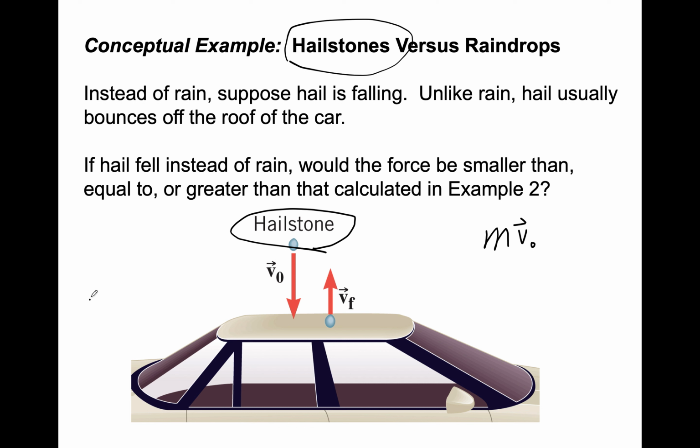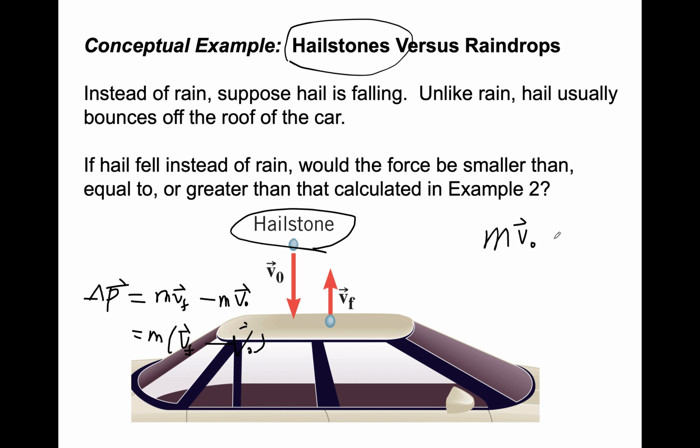So for the hailstone, the change of momentum is given by the final velocity subtract the initial velocity, and the final velocity is positive and the initial velocity is negative. So let's use the example we have.